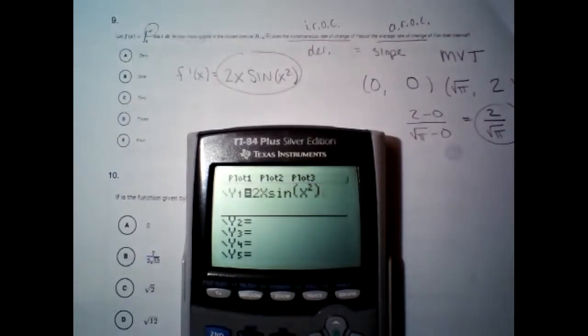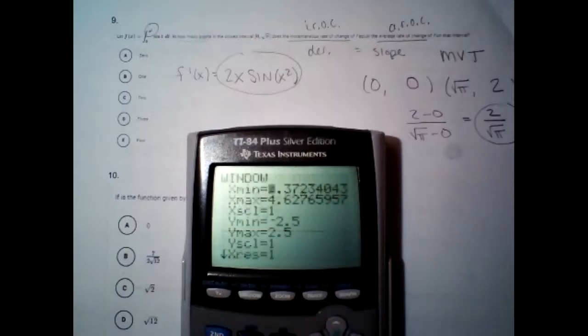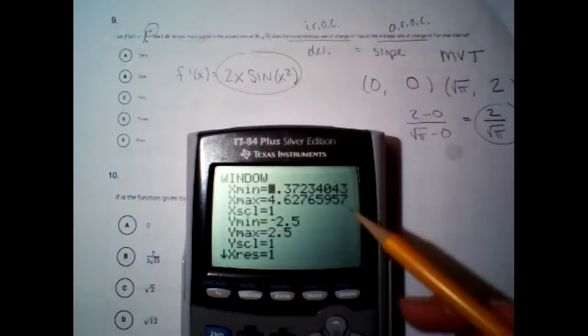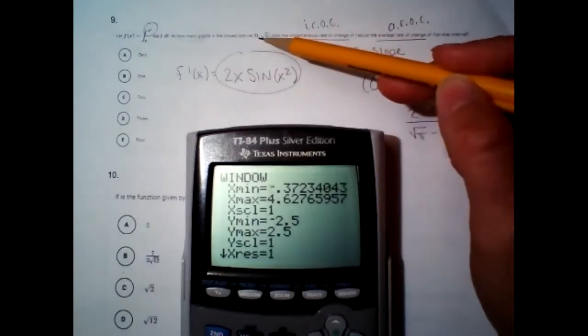All right, so I'm putting the derivative into y1 and then the slope into y2. Now, don't just hit graph. I am going to go to window. Oh, this is really weird because I zoomed in on something else. We want our window to be this interval that they gave us.